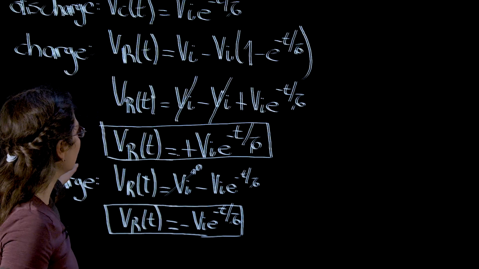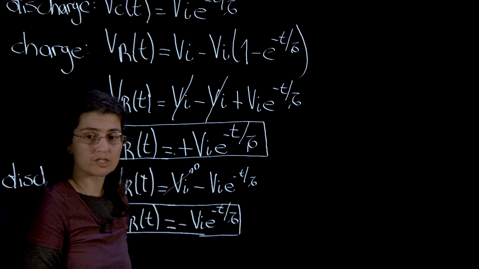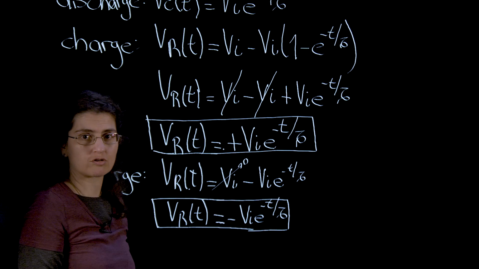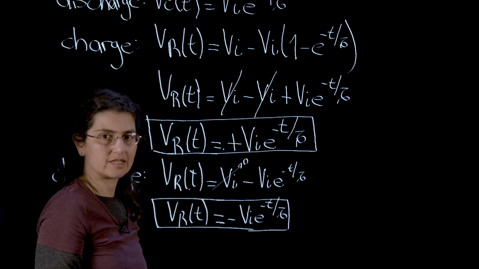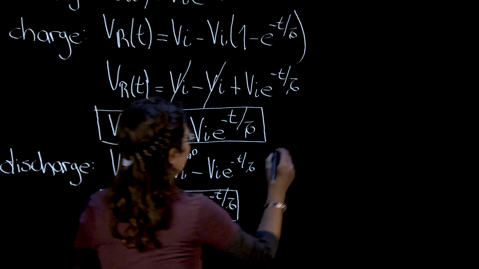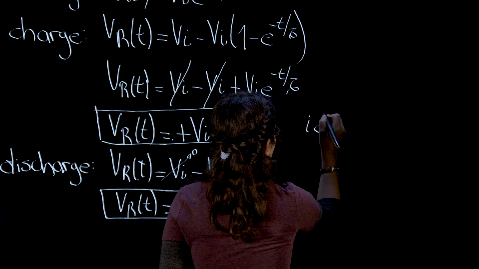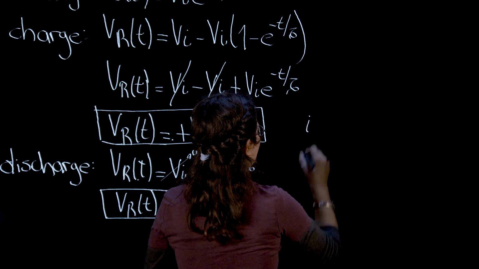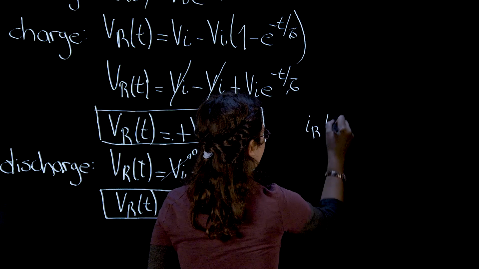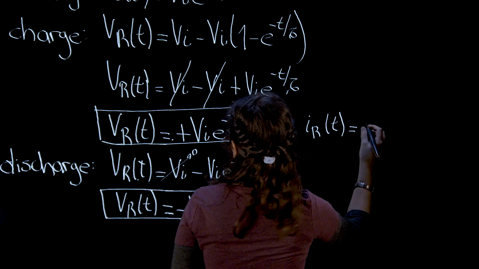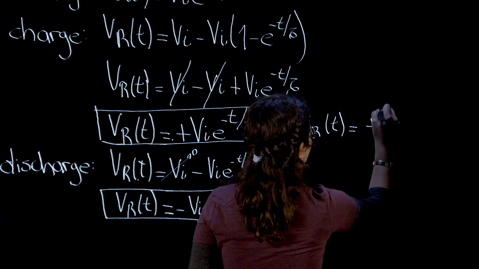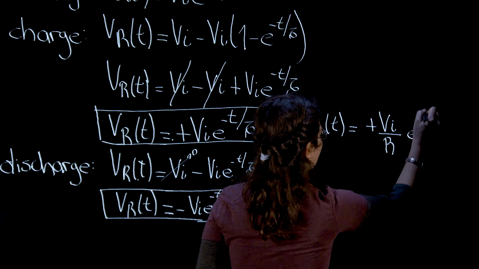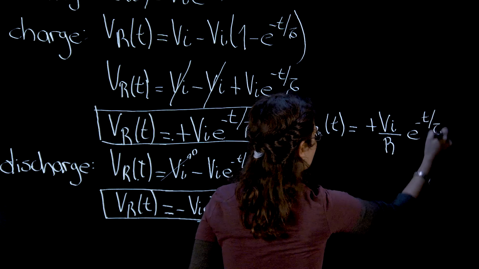Now, we can also calculate the current by applying Ohm's law, which says that the current in a resistor is the voltage across the resistor over its resistance. So the current that flows through R, for the charging case, is Vi over R times e to the minus t over tau.